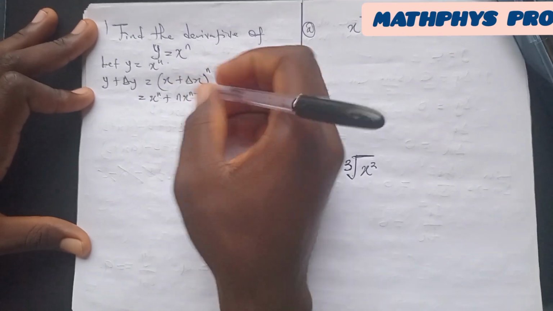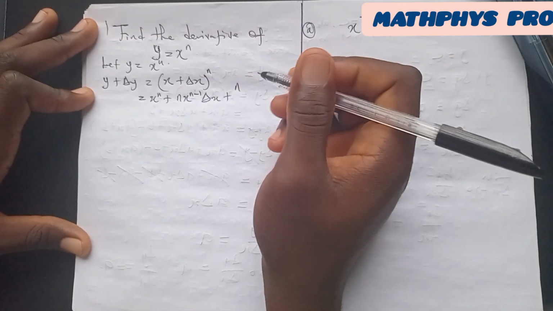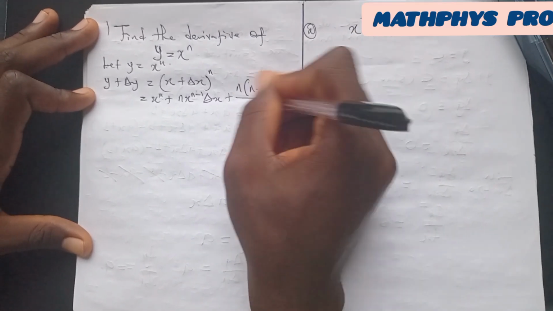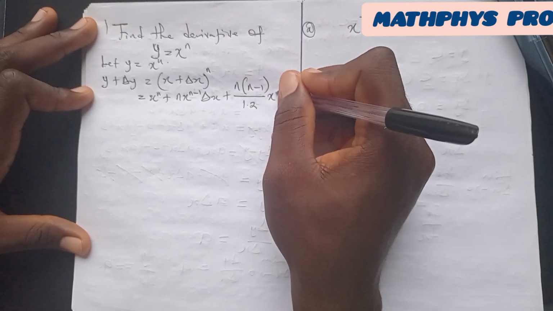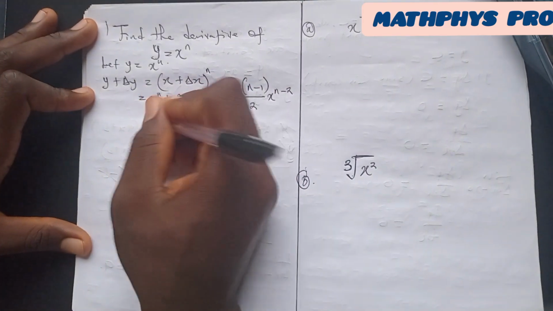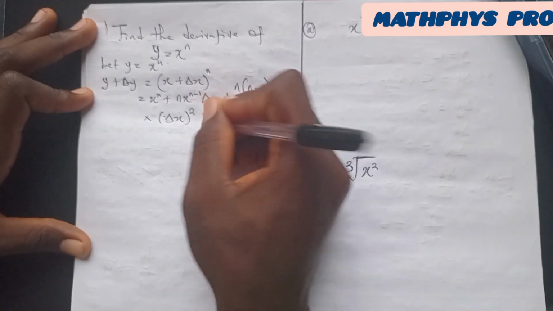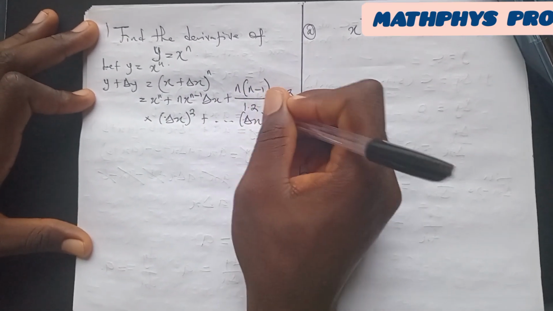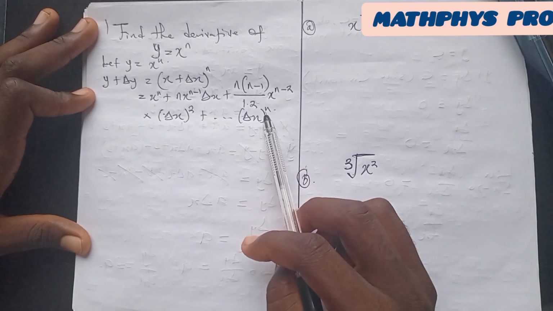So now, if we expand this using binomial theorem, we have x raised to power n plus n x raised to n minus 1 change in x plus n in bracket n minus 1 divided by 1.2 x raised to n minus 2 times change in x squared plus, up to change in x raised to power n. So if you use binomial theorem to expand this, this is what you will get.